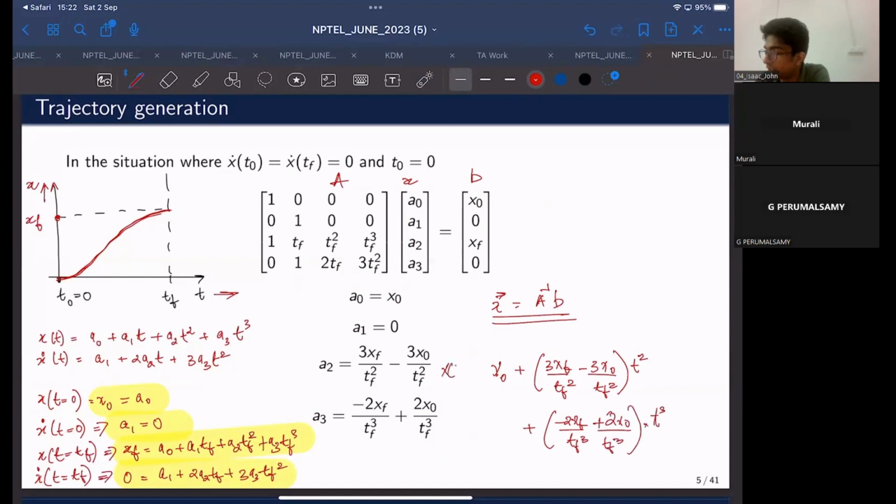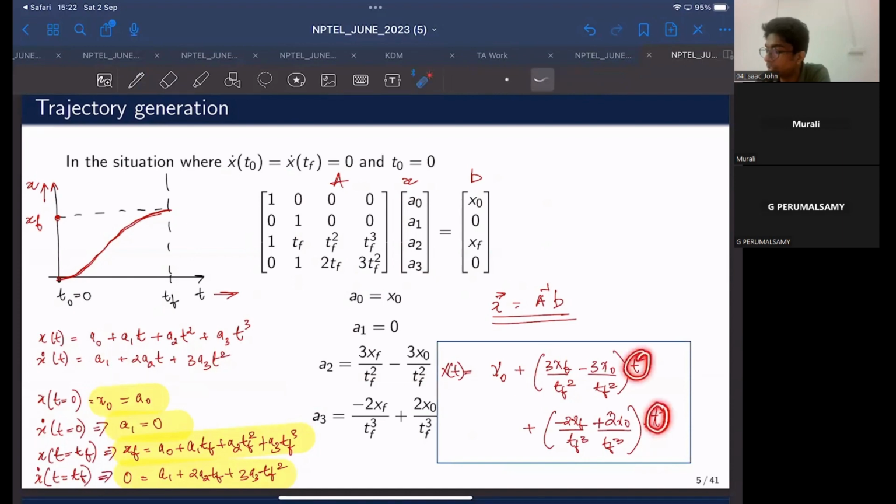This will be your x of t. For any time you give between 0 and tf, you will be able to correctly determine at what point of this trajectory each time corresponds to. This is nothing but the equation of this cubic polynomial as a function of time.